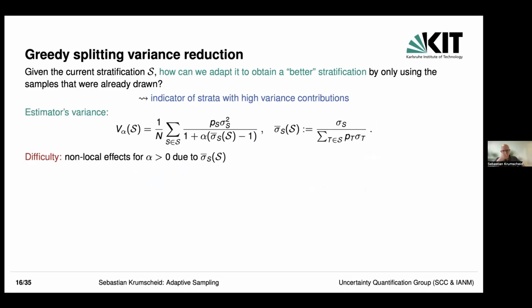So we want to estimate the variance. Here I'm stating the variance formula again, now for the hybrid allocation. And by looking at this formula, you already see that changing a stratum, for example, if I take one stratum out of my stratification and split it in a certain way, has a non-local effect because of this weight here that comes in because of our hybrid allocation idea.